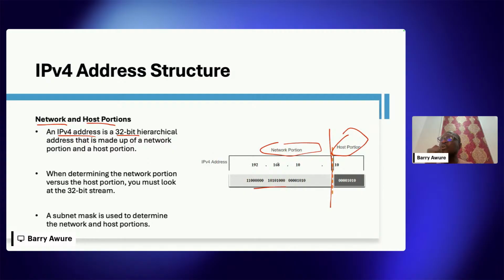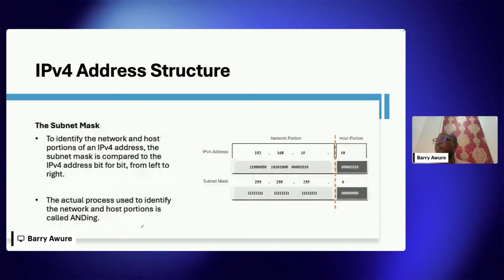So for you to know which part is which, there is another tool that is used in helping us establish this separation, and what is used is what we call a subnet mask. Subnet mask is what we use to help determine where our network is and where our host is.